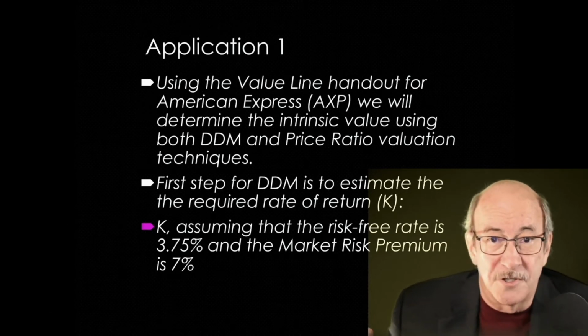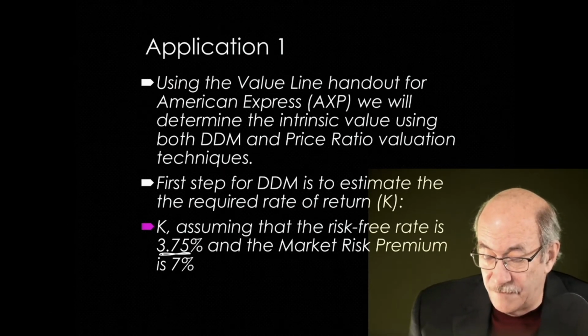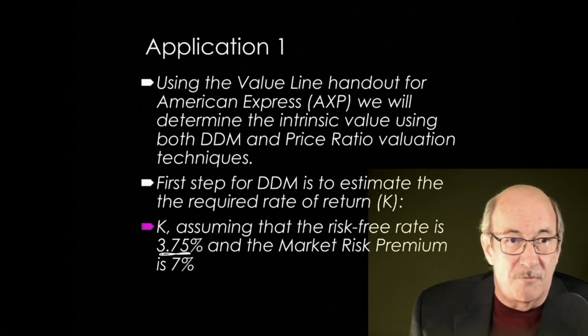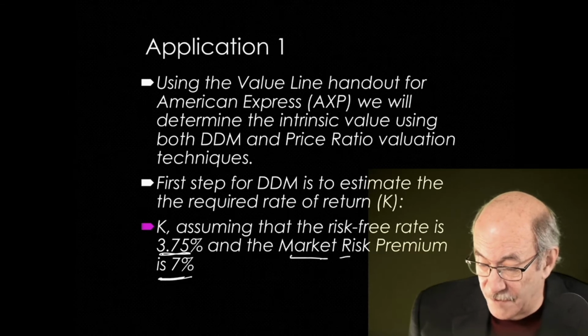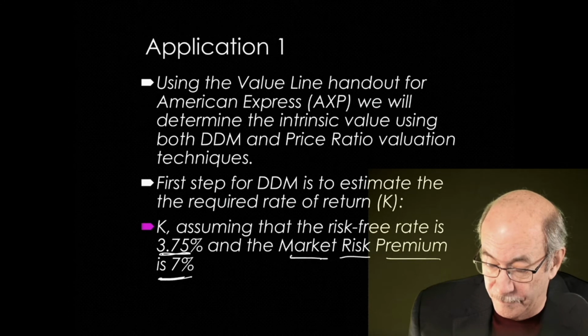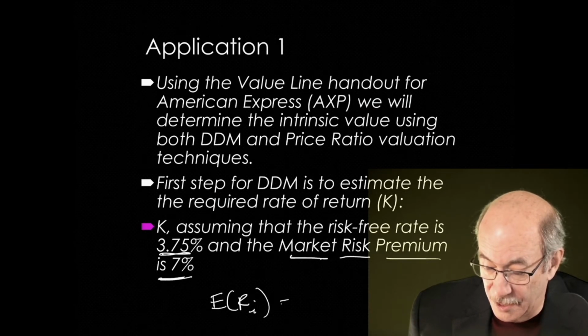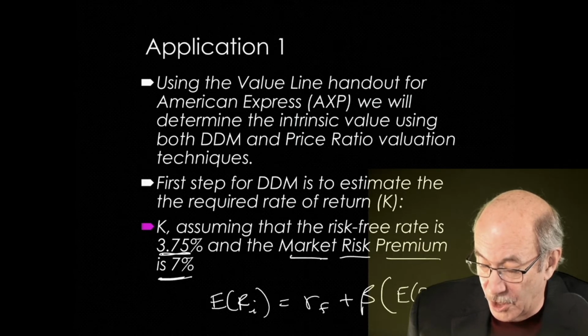And that was just a given. So the 3.75, we're just being given, this is the risk-free rate. The 7% we're being given, and note that 7 is the market risk premium. So when we write the CAPM, the expected return on security I is a function of the risk-free rate plus beta times the expected return on the market minus the risk-free rate.